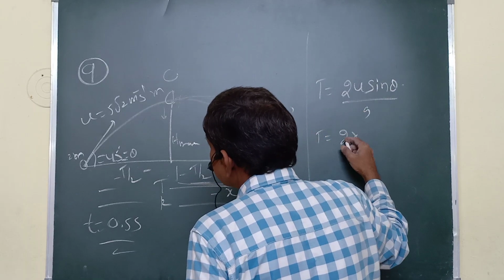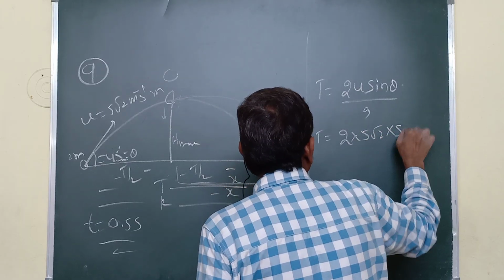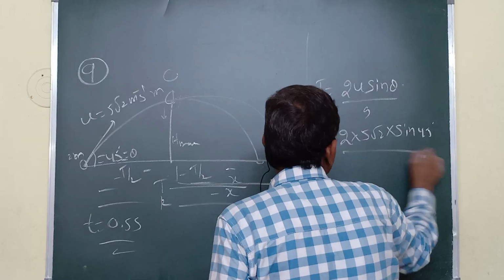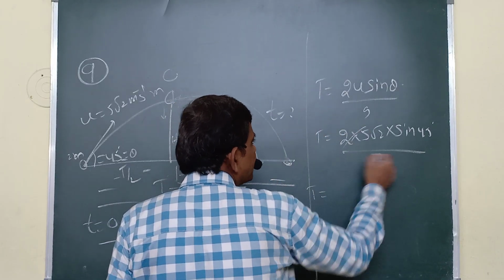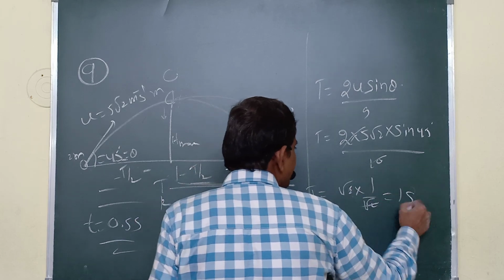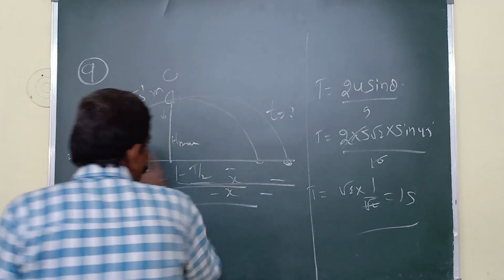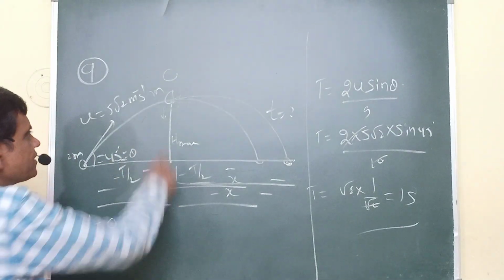So 2 into 5 root 2 into sin 45 by g value 10. Now find this value: 2 fives are 10, root 2 into sin 45 which is 1 by root 2. Totally 1 second. This total time is 1 second. After 0.5 second it is at the maximum height.